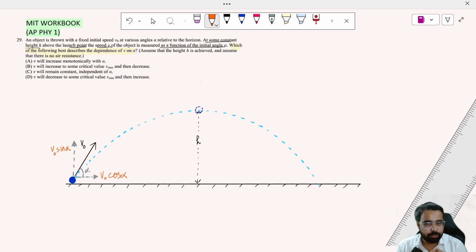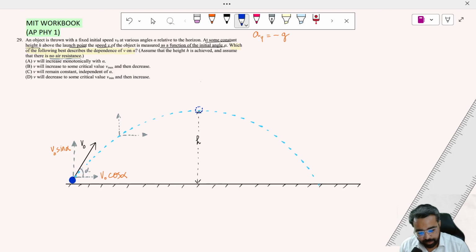As it is free fall motion in which acceleration along the y-axis is equal to a constant negative g, the ball will decelerate as it is going up. So as it is going up, the y component of velocity is decreasing, but the x component will be unaffected as long as you consider that there is no air resistance.